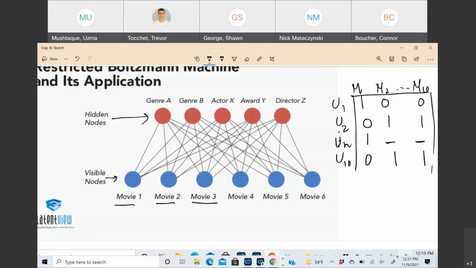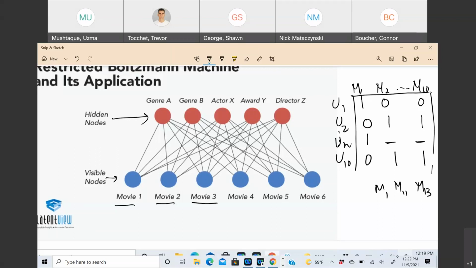Okay. Now, the way Boltzmann machines or restricted Boltzmann machines work is that it's going to look into this data, right? And it's going to extract this information and come up with some representation of my input. What does that mean? For example, let me give you a quick idea. Let's say I had movie 1, movie 11, and movie 13, right?